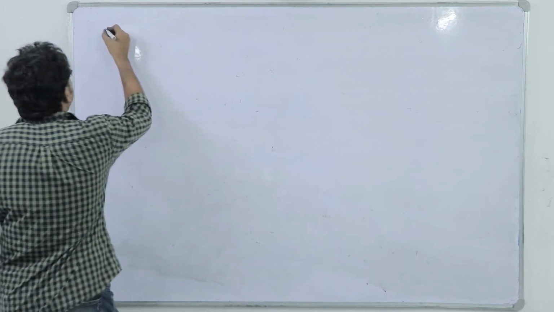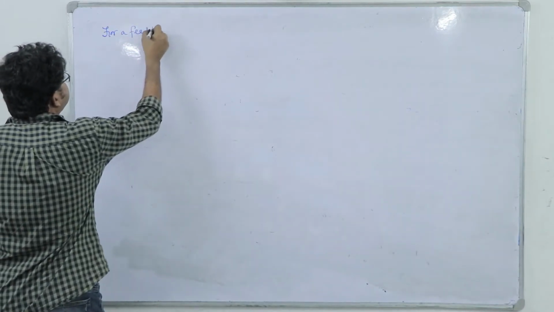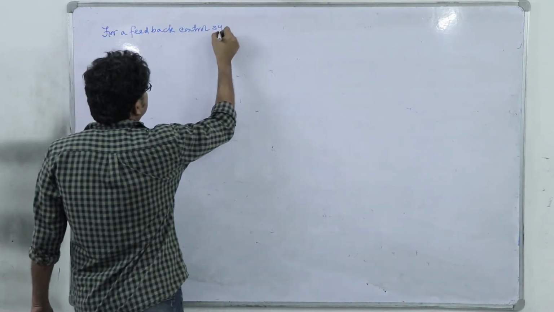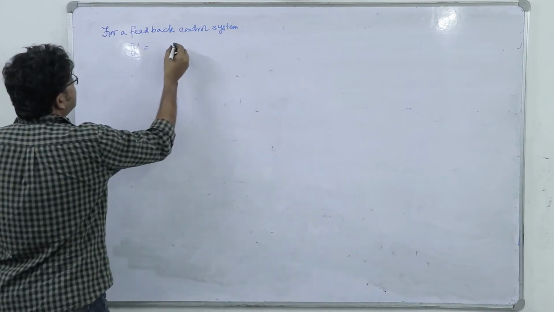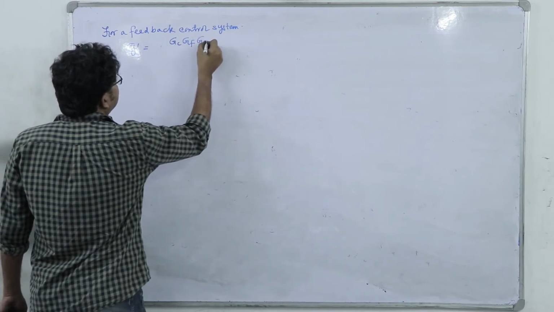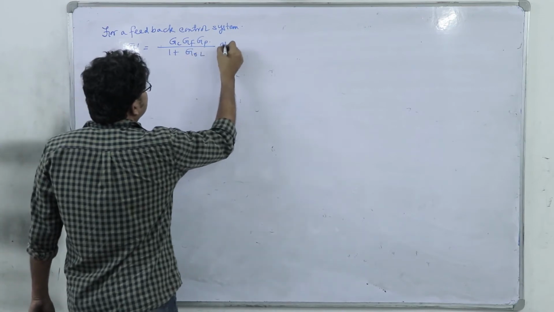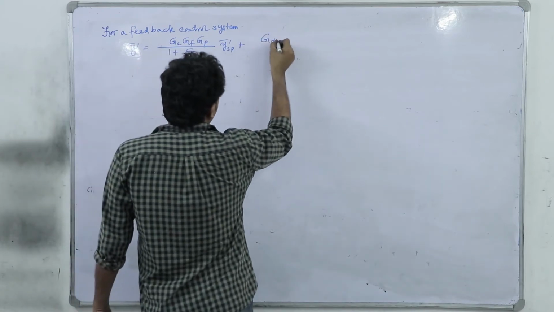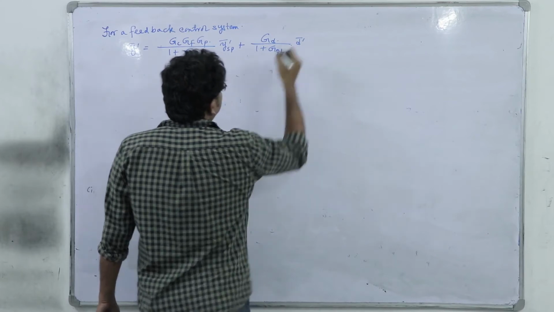Right. Now, for a feedback loop or a feedback control system, we have y prime is equal to Gc Gf Gp divided by 1 plus GOL into YSP prime bar plus GD divided by 1 plus GOL into D prime bar.